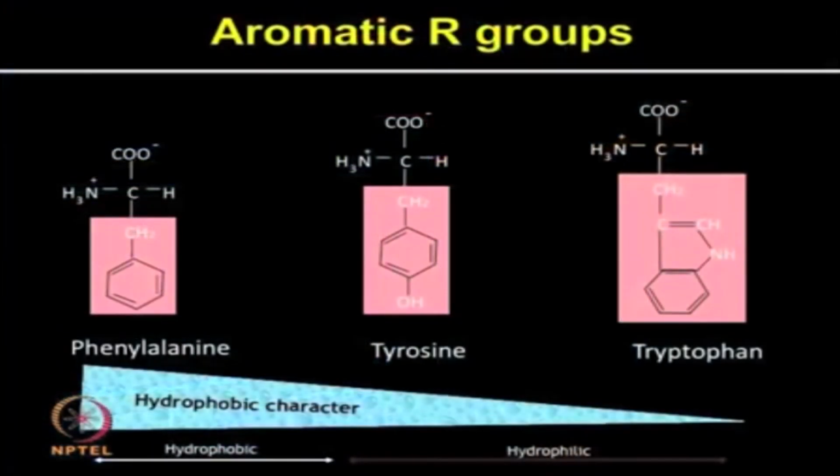The next category is aromatic R groups. In this one, there are 3 amino acids: phenylalanine, tyrosine and tryptophan. Phenylalanine contains a phenyl ring, tyrosine has one reactive hydroxyl group and tryptophan contains an indole ring, 2 rings which are fused.